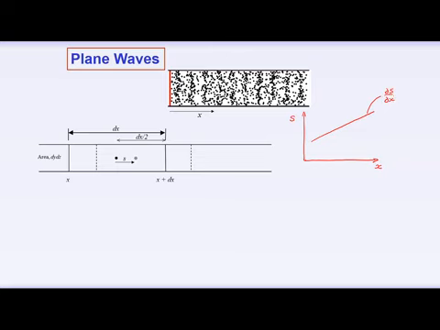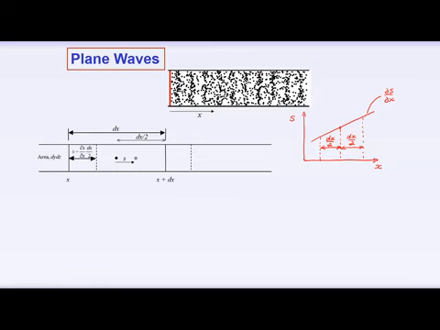And let's say that this is the center of our parcel of gas. So this is going to be that location s at the middle, and at the left hand edge is going to be this, and the right hand edge is going to be here. So that's going to be the left hand edge dx over 2 from the center, and the right hand edge dx over 2 from the center.